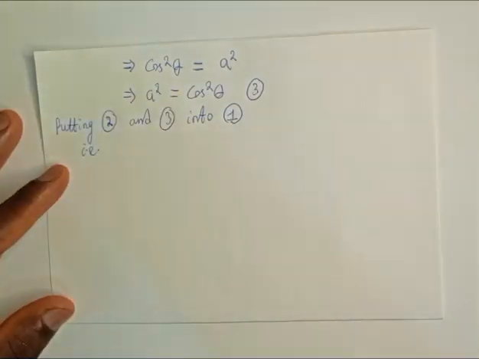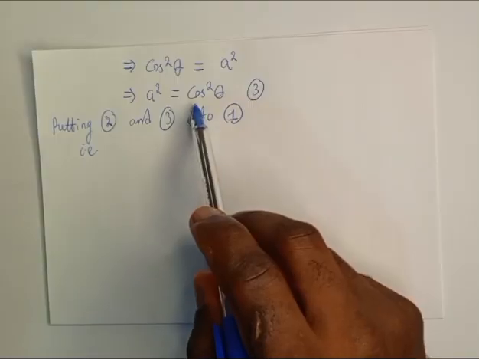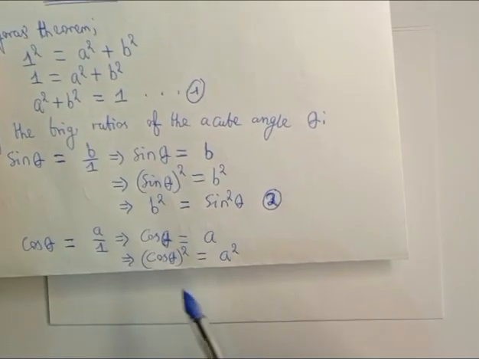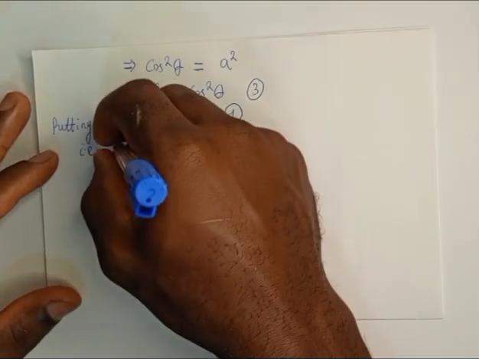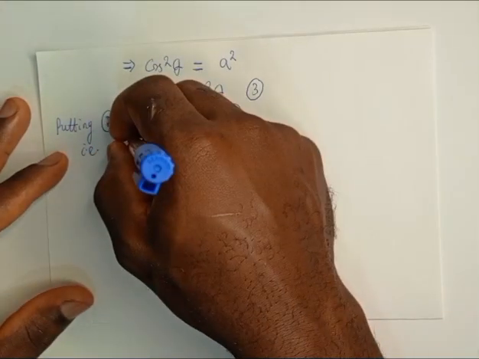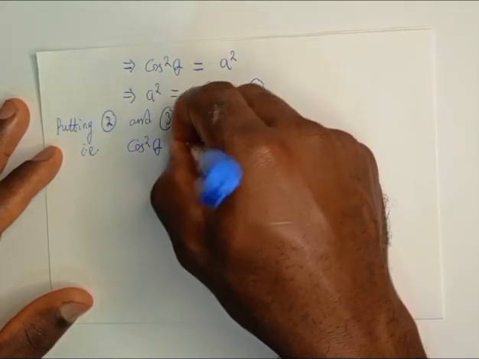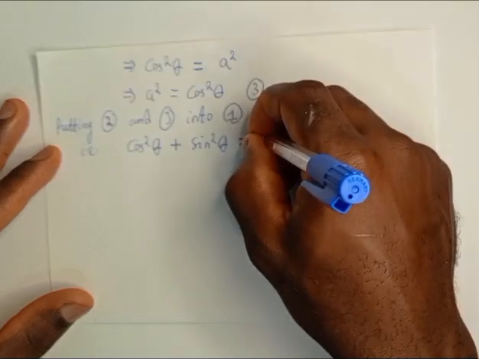That means in equation 1 we have to replace a squared with cos²θ and b squared with sin²θ. This will give us cos² plus sin²θ, and this will be equal to 1.